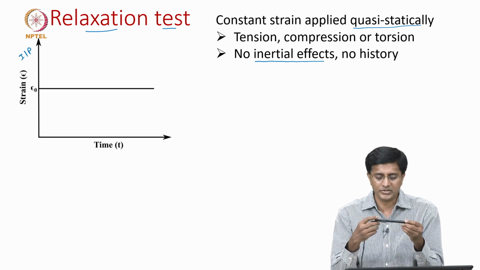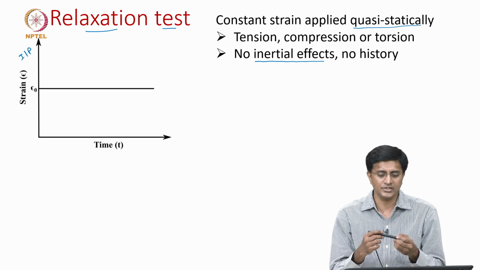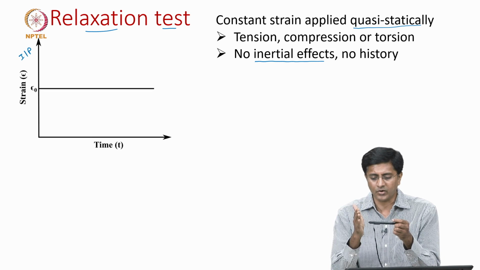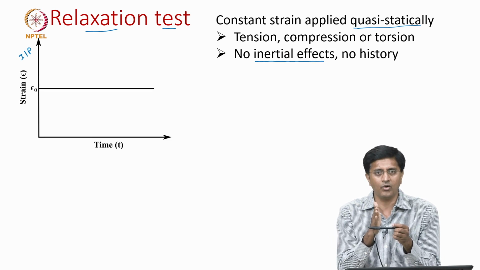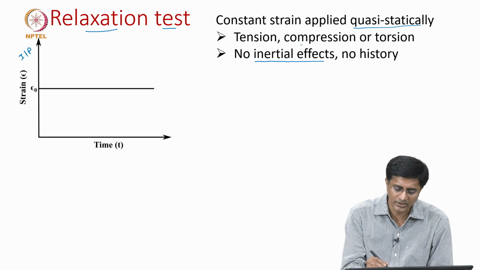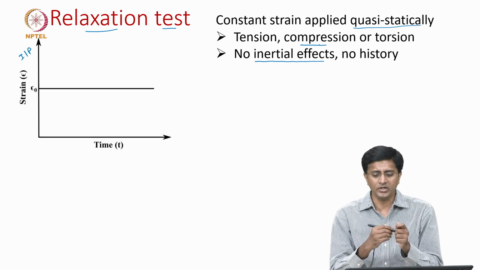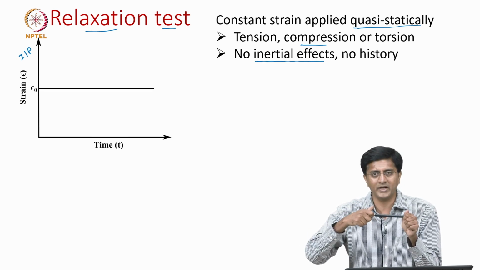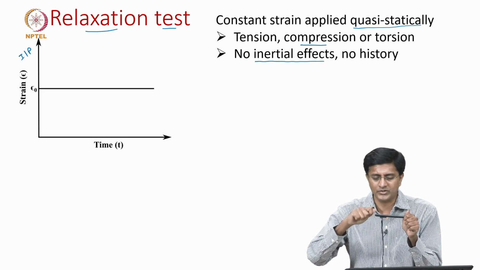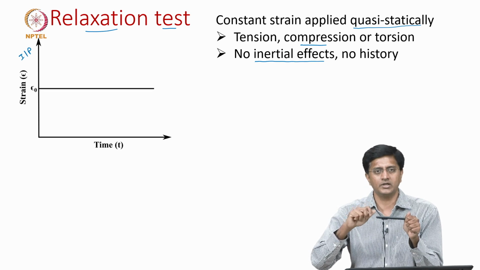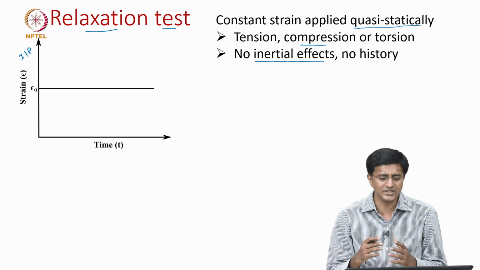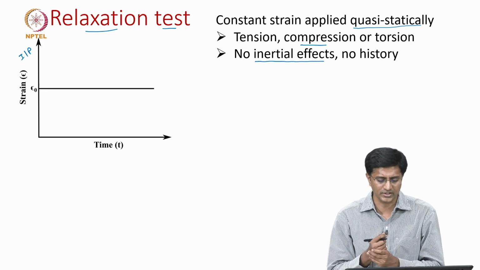The example I am explaining is a tension test, but of course, the same sample, instead of stretching, I could have compressed by an amount and held it there. Then we say it is a uniaxial compression. Similarly, I can hold one end and twist the other end by an angle and then hold it. Once you hold, you measure the resultant stresses. So, these are all relaxation tests, either tension relaxation, compression relaxation or torsion relaxation.